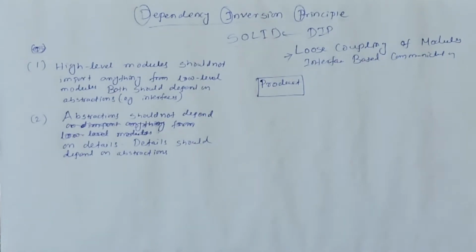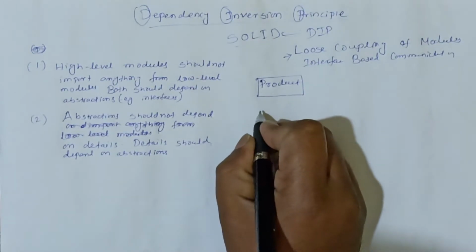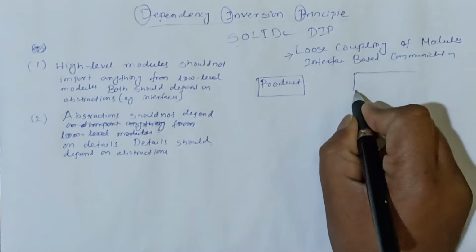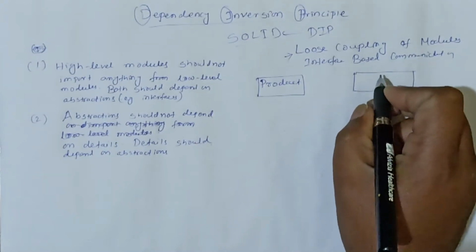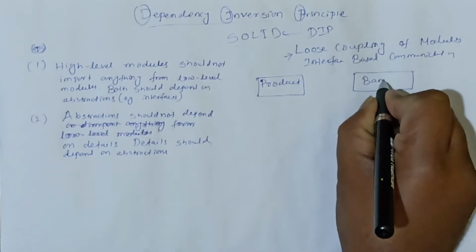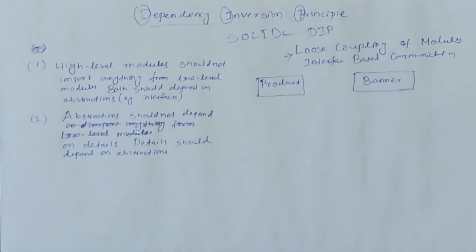On click of that, it shows 50% off, or maybe goes to some other page. So let's say another module we have is banner.